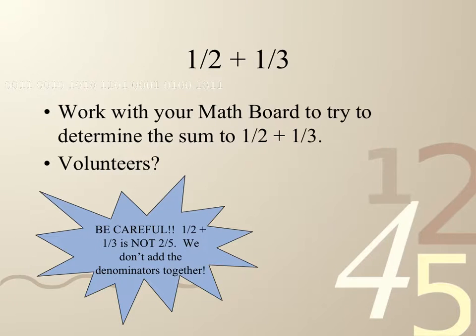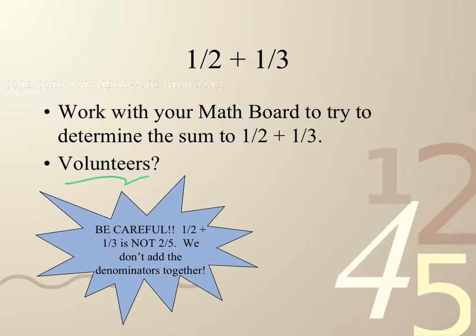So now to the main point of this lesson, adding fractions that do not have common denominators. The example shown here is 1/2 plus 1/3. I'd like you to take a second and, using the fraction bar side of your math board, try to figure out what 1/2 plus 1/3 is.